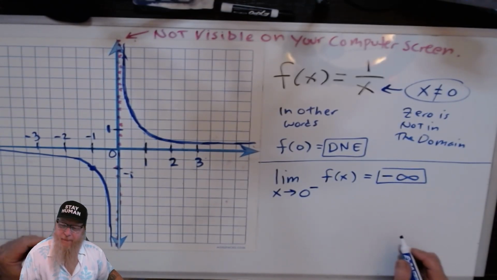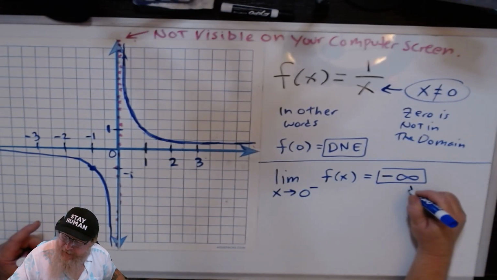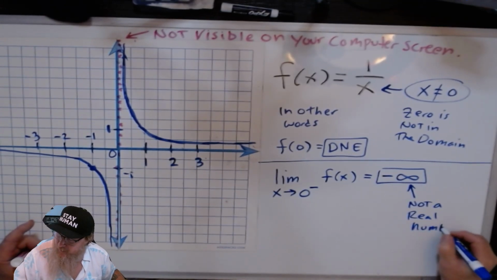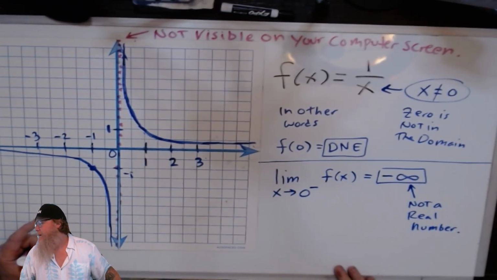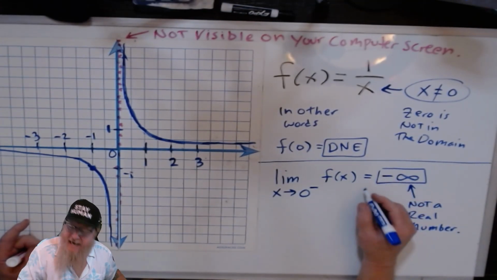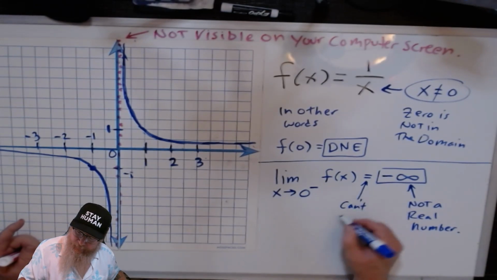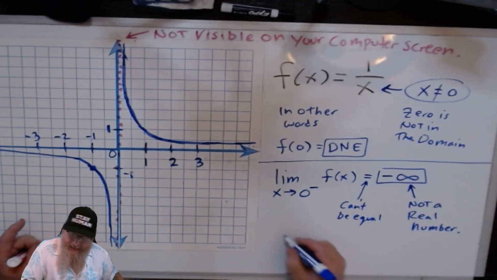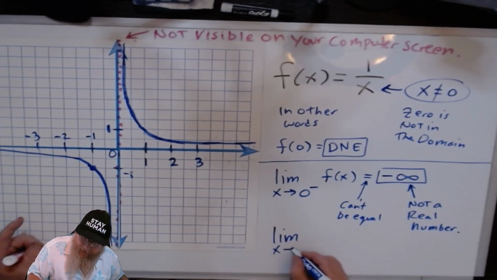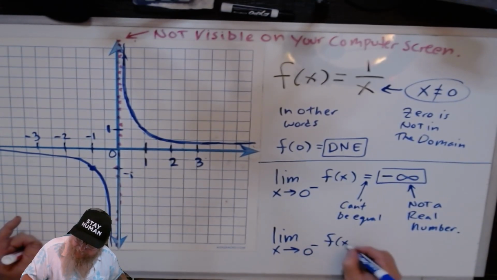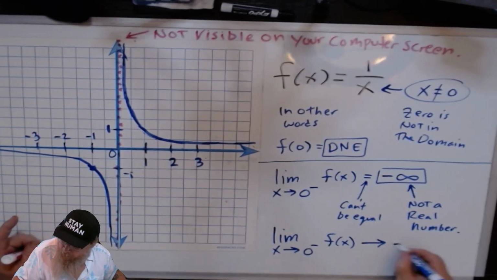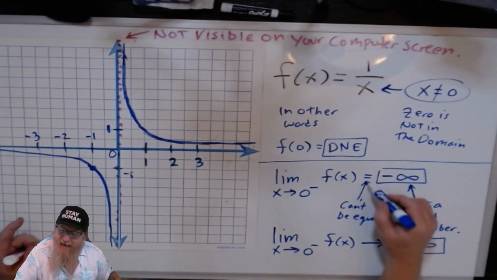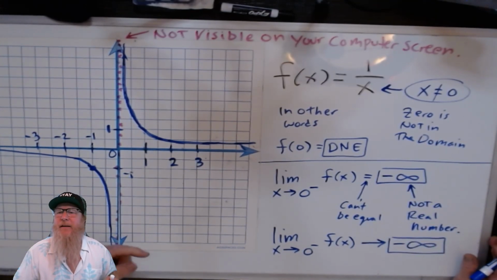Yeah? Now, because negative infinity is not a real number, we don't use an equal sign. So instead of using an equal sign, we say the limit as x goes to 0 from the left of f of x approaches negative infinity. Because you can't say that it's actually equal to negative infinity.